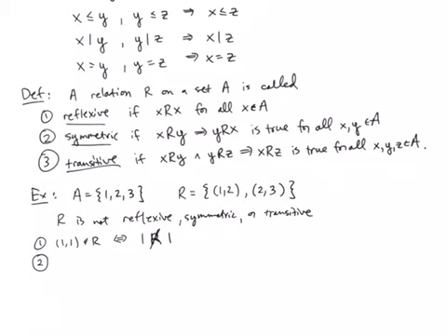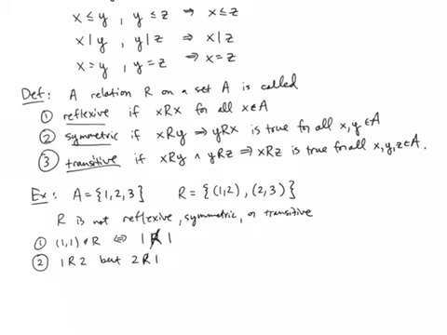Symmetric. For symmetric, 1 is related to 2, but 2 is not related to 1, right? Because (2, 1) is not in that set.